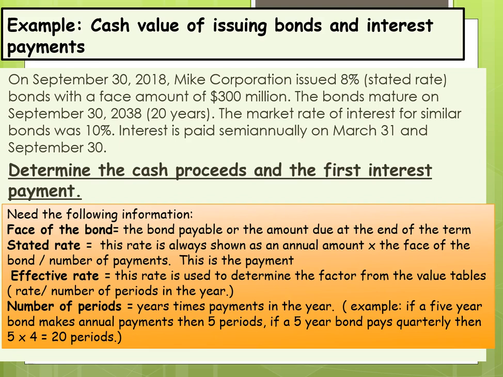So if it is paid semi-annually, we'd have to divide by 2 to get the rate that we're going to look in the table for. And then the number of periods is always going to be the years times payments in the year. So if it's 5 years and they pay quarterly, you take 5 times 4 to be 20 periods.